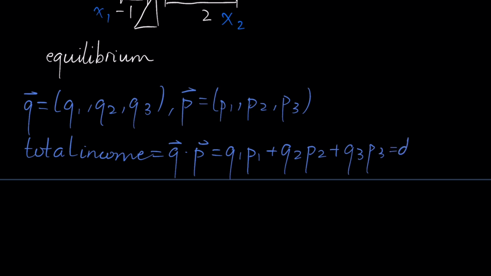That's equal to the dot product. So in more general terms, v dotted with w is equal to the sum of the products of its components. We don't have to worry about the size yet.